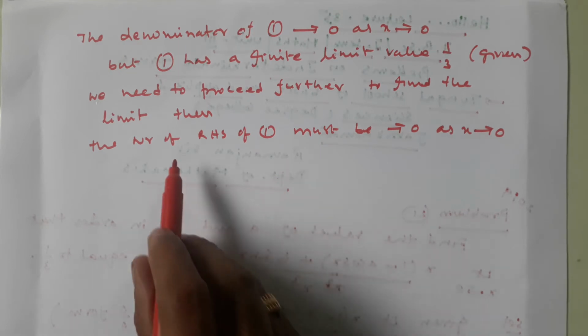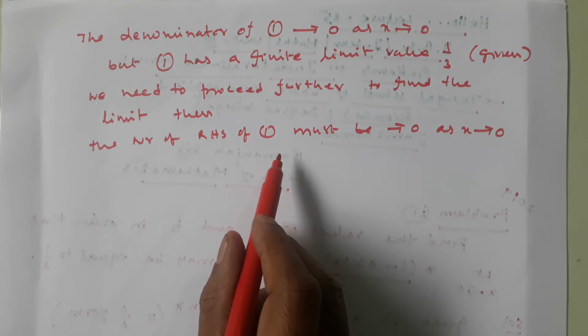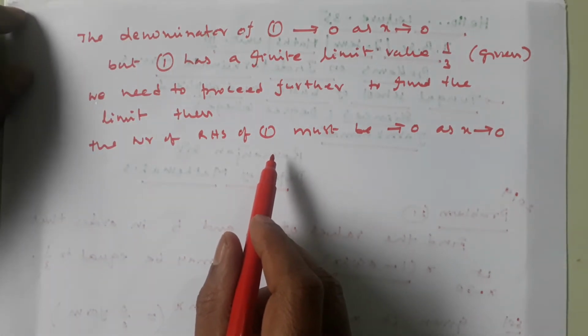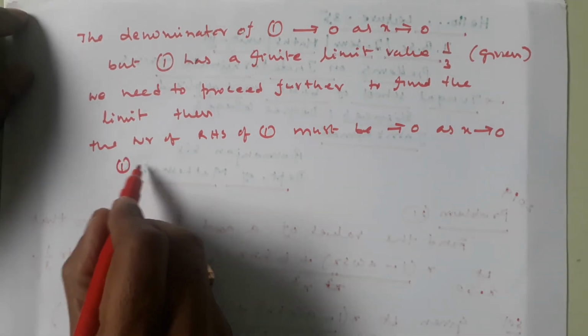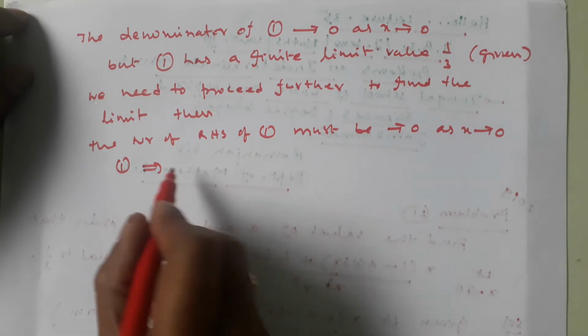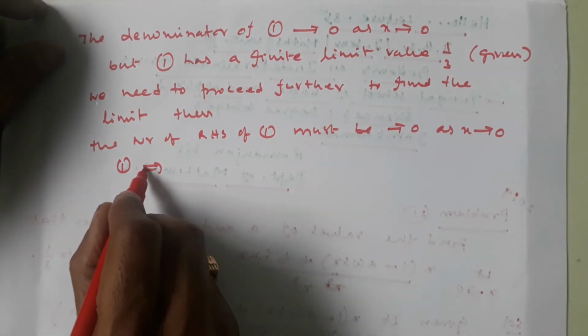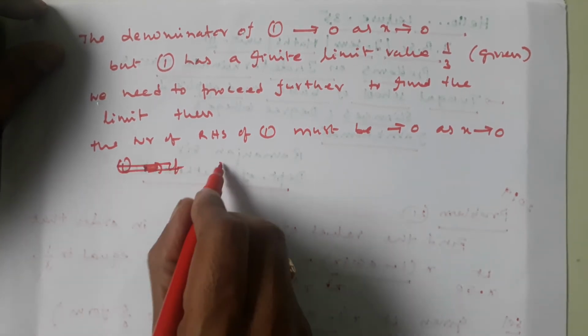Even if the numerator also is 0, then automatically the 0 by 0 form is there. Then we can proceed further to apply L'Hospital and find the limit value. So the numerator tends to 0 as x tends to 0 means the numerator of 1.